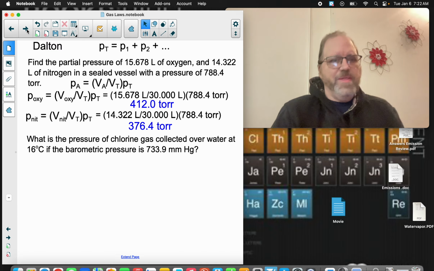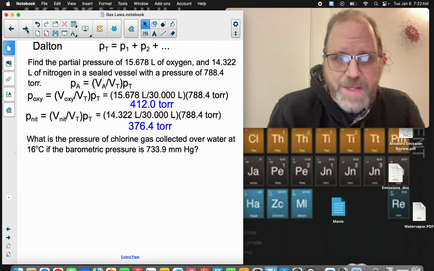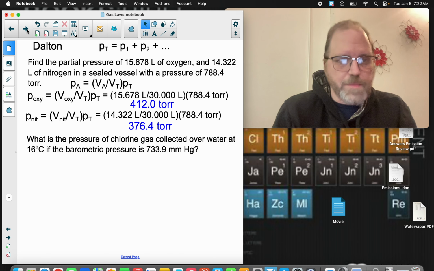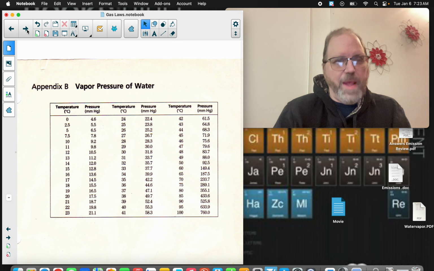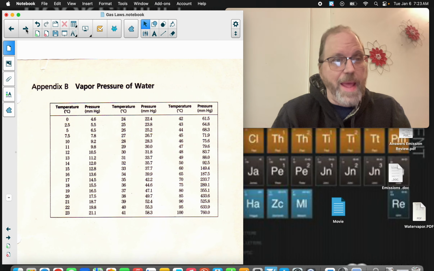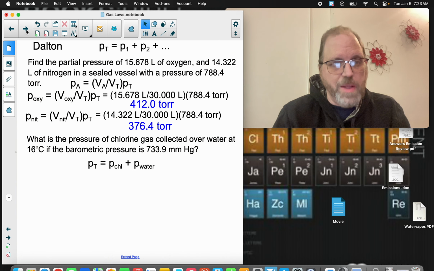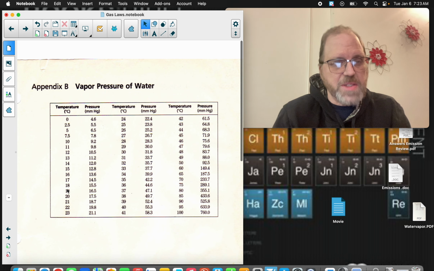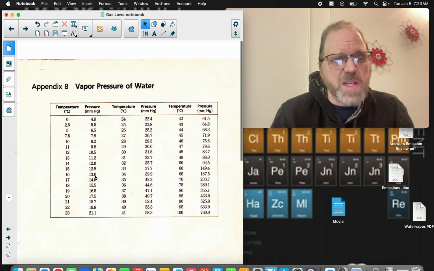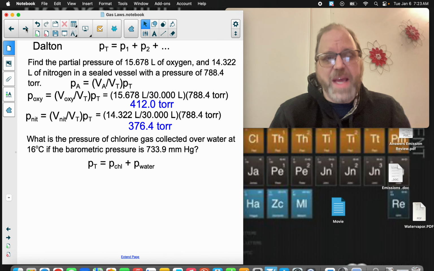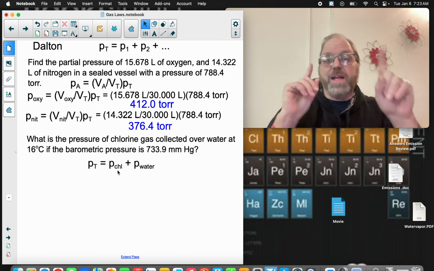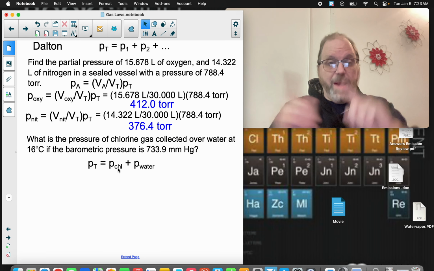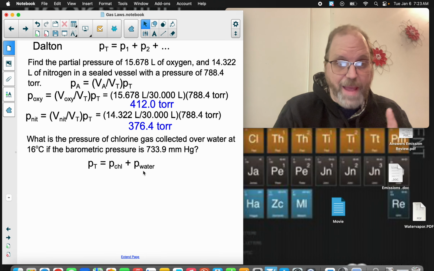All right, the other way we can do this is collecting over water. Now, to do collecting over water, we have to have the water vapor chart, remember, and we go back here a second. The temperature is 16 degrees Celsius, so if you look at 16 degrees Celsius, it's 13.6 millimeters of mercury. So we take our Dalton's law equation, we're only collecting 2 gases, water vapor and chlorine gas.